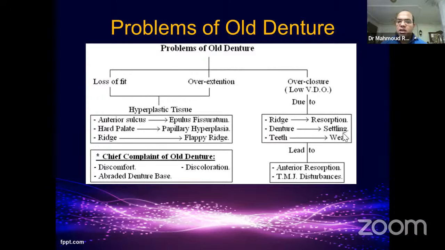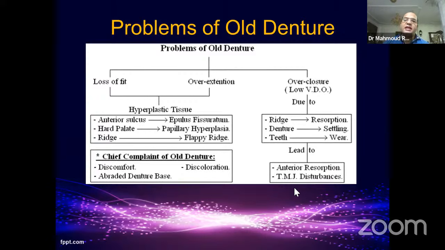Denture also will settle and cause irritation for the flanges, cause irritation for the soft tissue and vestibule. Also, the teeth can wear. So the vertical dimension can be decreased from resorption and from teeth abrasion or wear, and from denture settling, leading to anterior resorption and TMD problems.